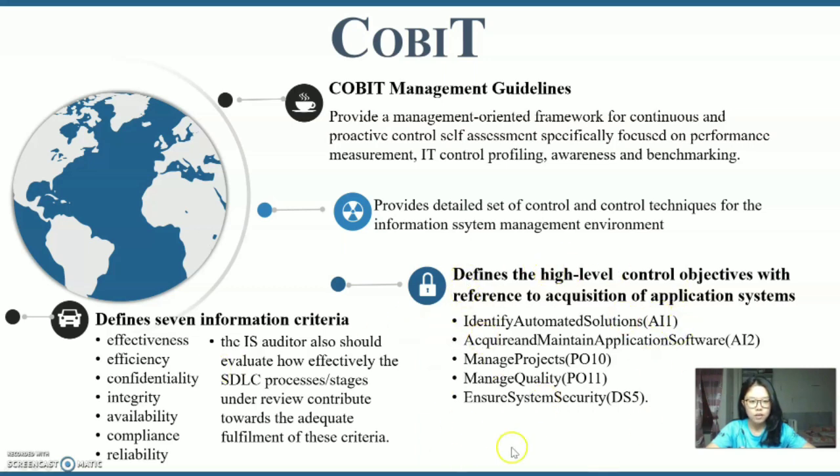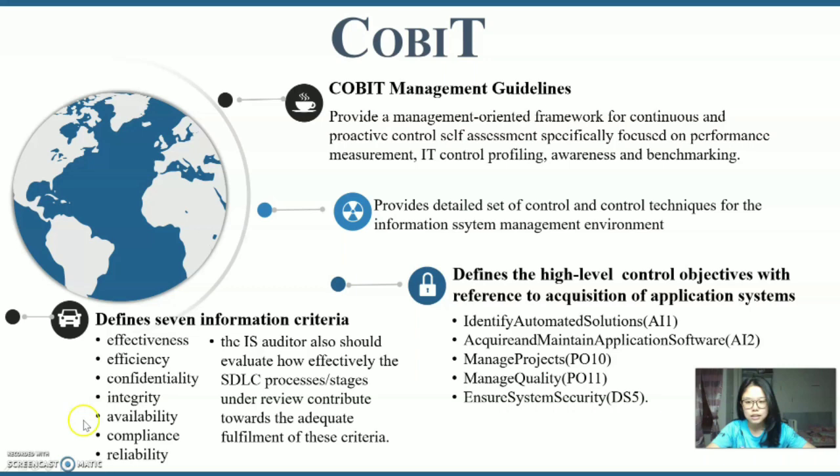Now let's have a look at this reference. This reference defines the high-level control objectives: AI1, AI2, PO10, PO11, and DS5. These are the references for the IS auditor while implementing the application system.